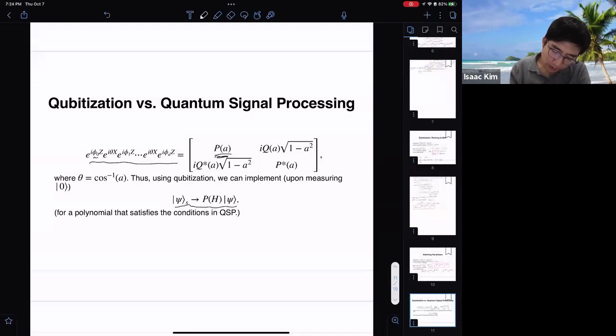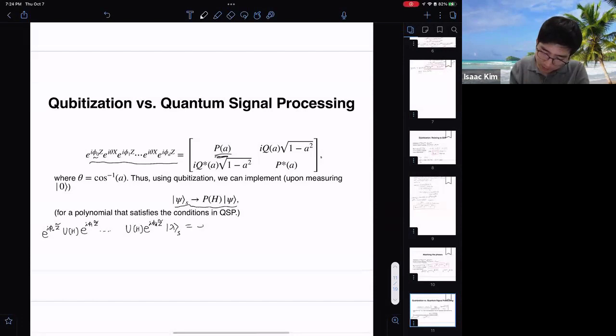First, let's recall what happened to the individual eigenstates. We had e^{i phi_0 z tilde} U(H) ... U(H) e^{i phi_d z tilde}, and we've shown that if we apply this to the energy eigenstate lambda, we get something very similar.